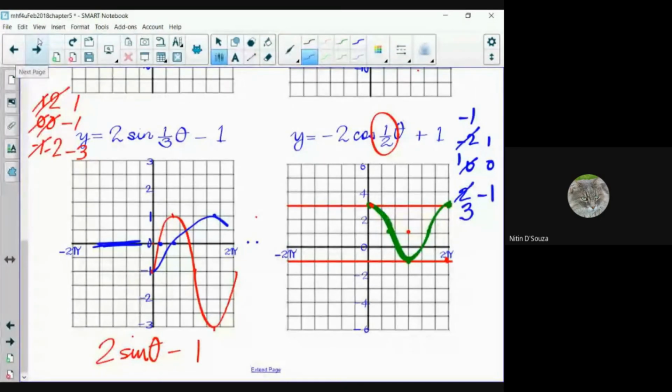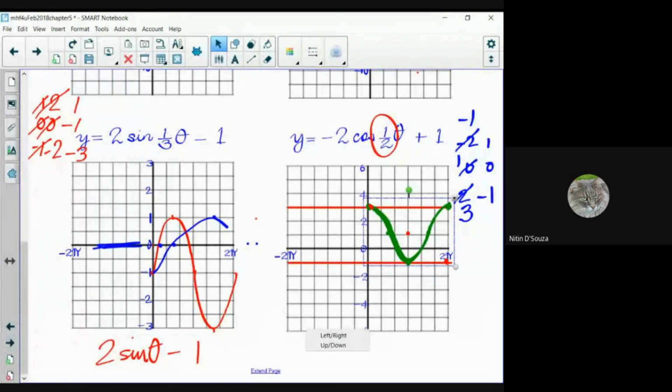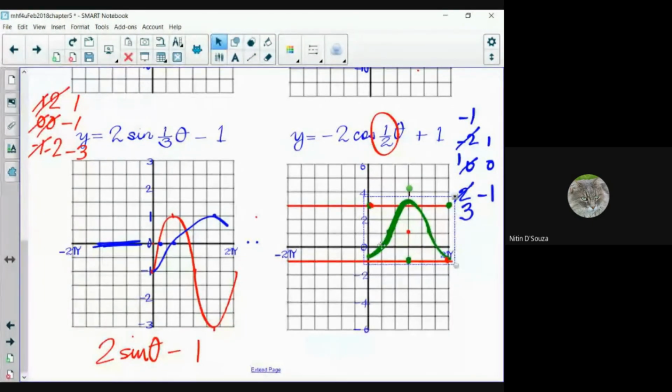This is positive cos. We want negative cos because of that. Right? So my x value is 1.5. 1.5 times 2 is 3.